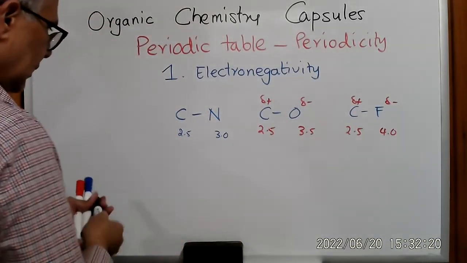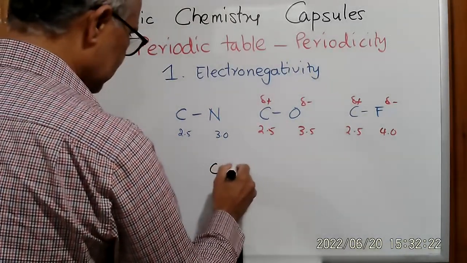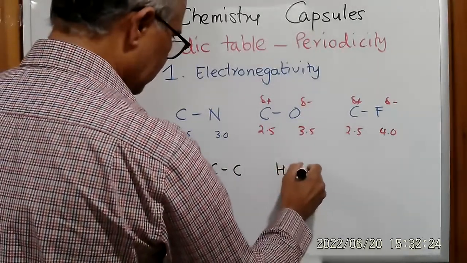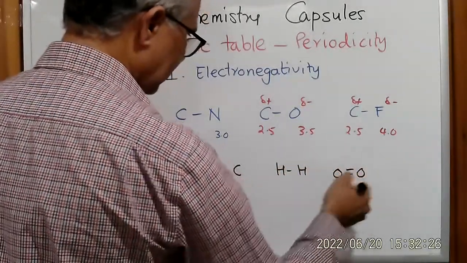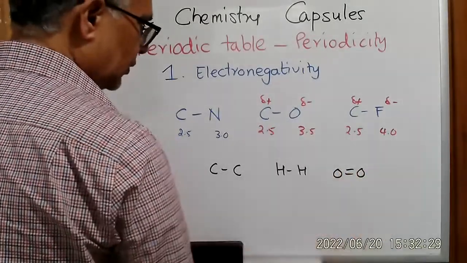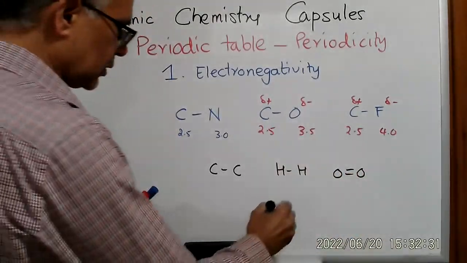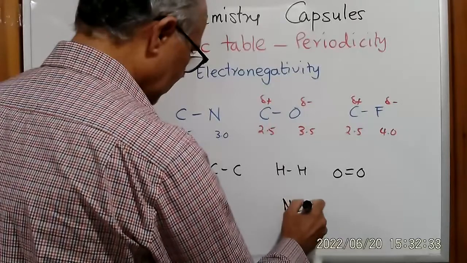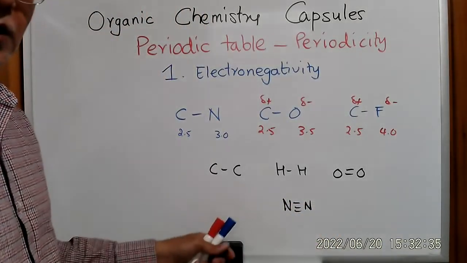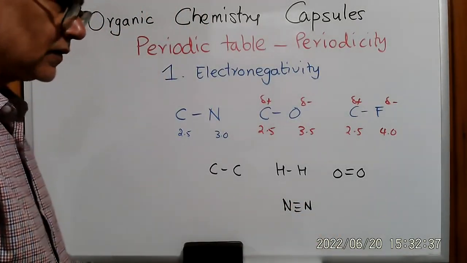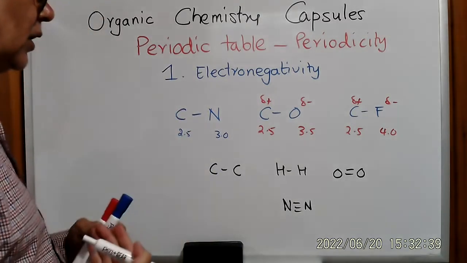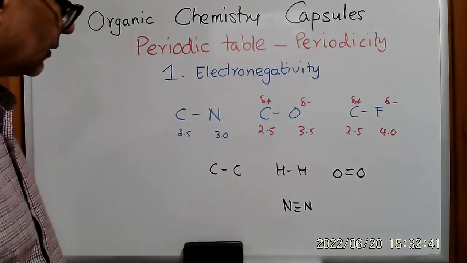You're very well aware of compounds like H2, O2, N2: two hydrogen atoms, two oxygen atoms, two nitrogen atoms. These are all purely covalent bonds. The electrons are equally shared between the two atoms.